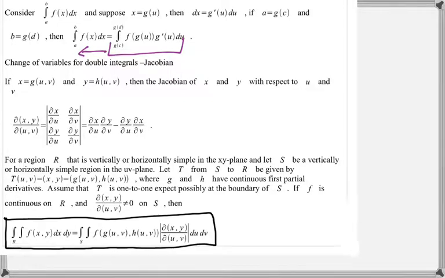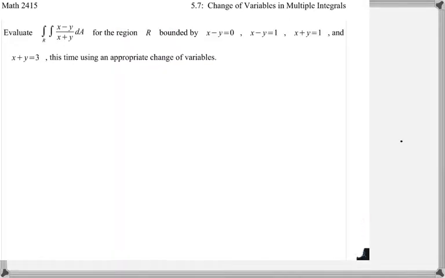So let's go back and revisit that first problem. We wanted to evaluate the double integral over the region R of (x minus y) over (x plus y) dA for the region R bounded by x minus y equals 0, x minus y equals 1, x plus y equals 1, and x plus y equals 3.